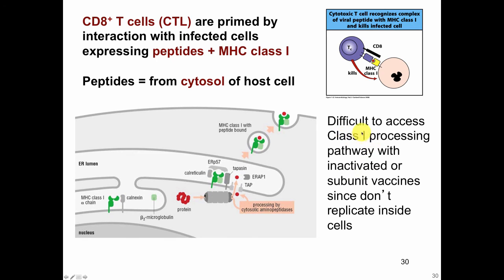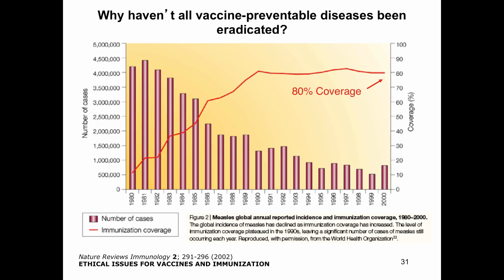And if you don't have access to the MHC class 1 processing pathway, you're not able to activate CD8 T cells and induce a cytotoxic T effector response. So that's one major problem with why we're not able to develop effective vaccines for all microorganisms, and obviously there's lots of research going on to enhance our ability to make vaccines that induce that type of immune response.